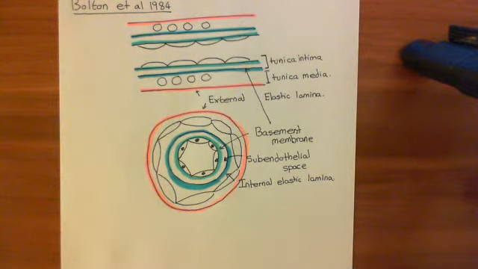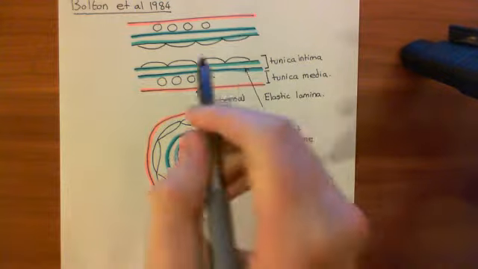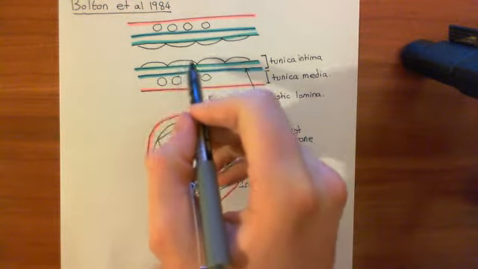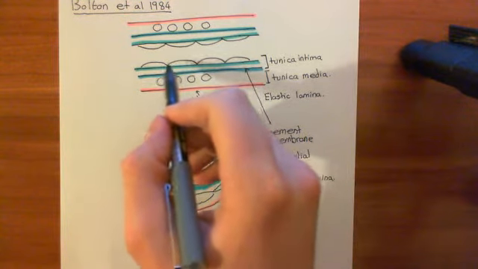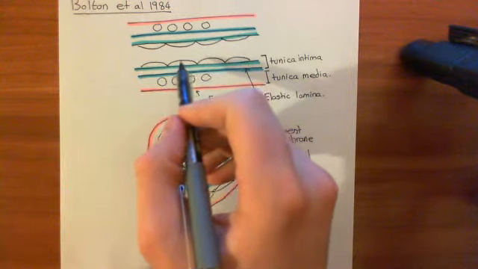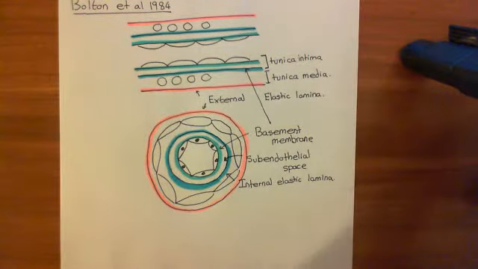What Bolton et al. were doing was that they were stimulating these endothelial cells here with either acetylcholine, or alternatively you can use carbachol, which is a non-selective agonist for acetylcholine receptors.